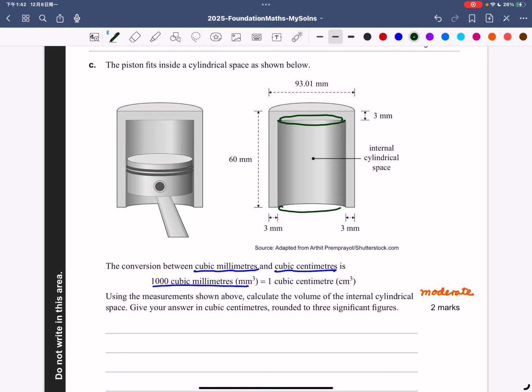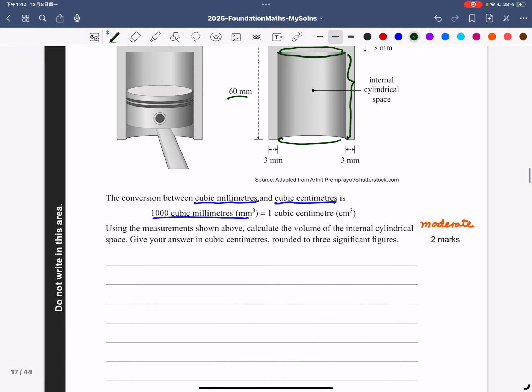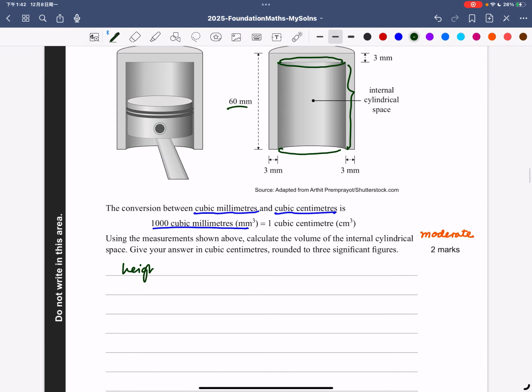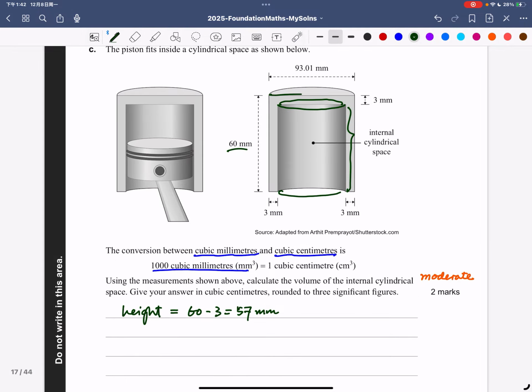So I would say the height is just here, so 60 take away 3. So height is 60 take away 3, which is 57 millimeters. The next thing is the outer diameter is 93.01. Each side, we need to have the side width of 3 millimeters.